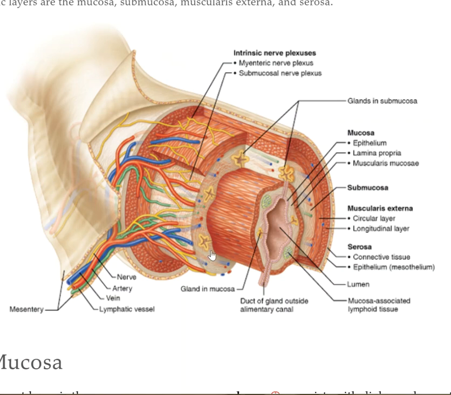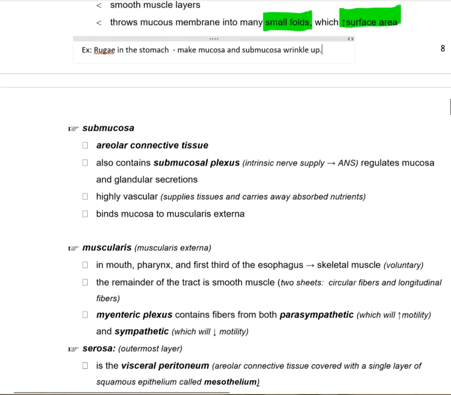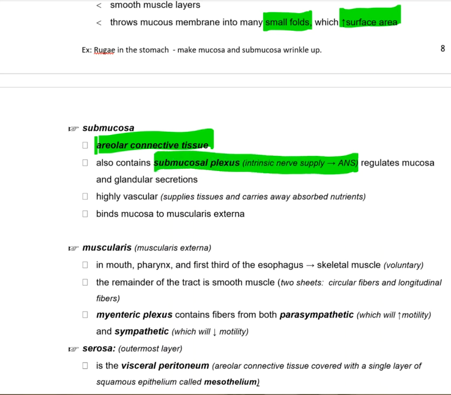Okay? Now we're going to turn the page, and we're going to look at the submucosa, which is this middle intermediate layer below the mucosa. Submucosa is also areolar connective tissue, and it has an intrinsic nerve supply, a submucosal plexus, another one of these ANS nerve supplies, and it regulates the mucosa and glandular secretions.